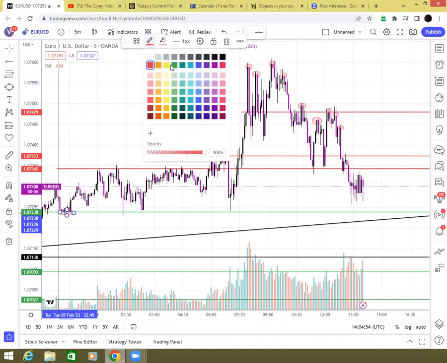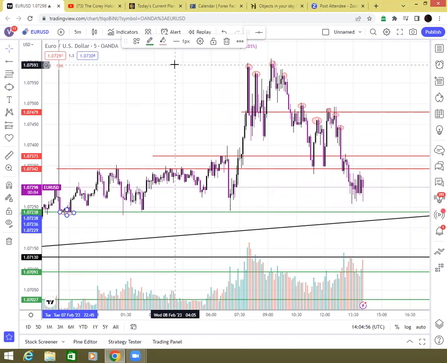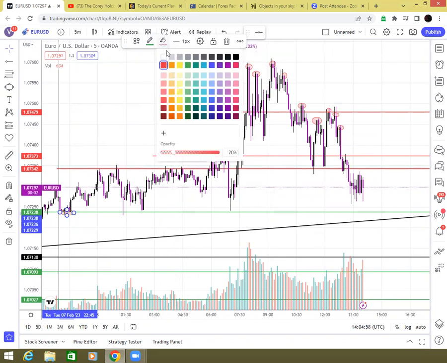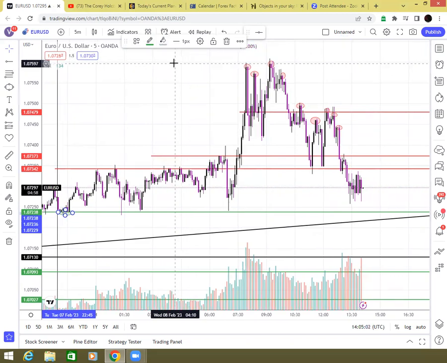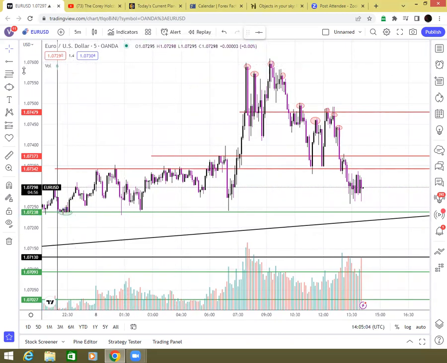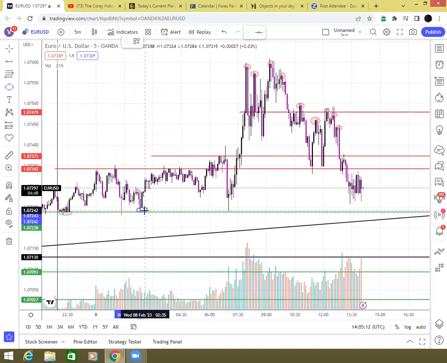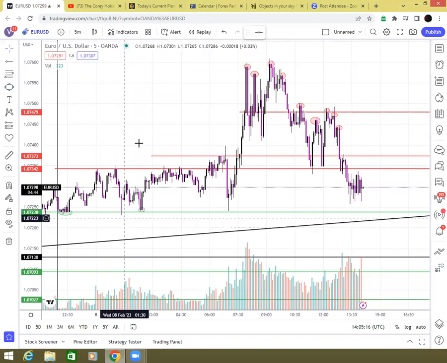Just like we showed the tops, we show the bottoms. You know what I mean? So you're going to have to do that just to show the importance of the pivot.